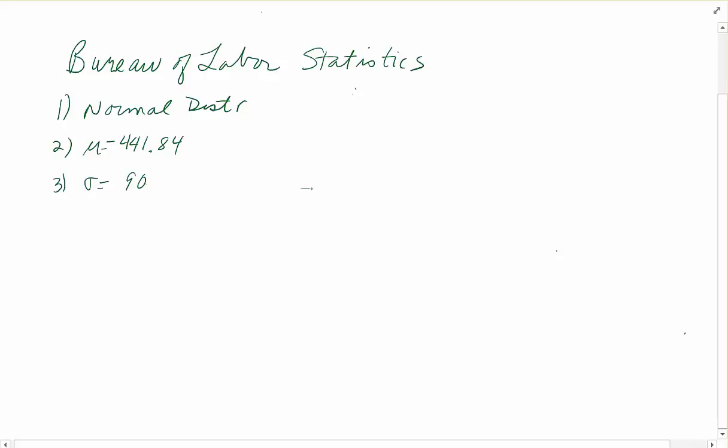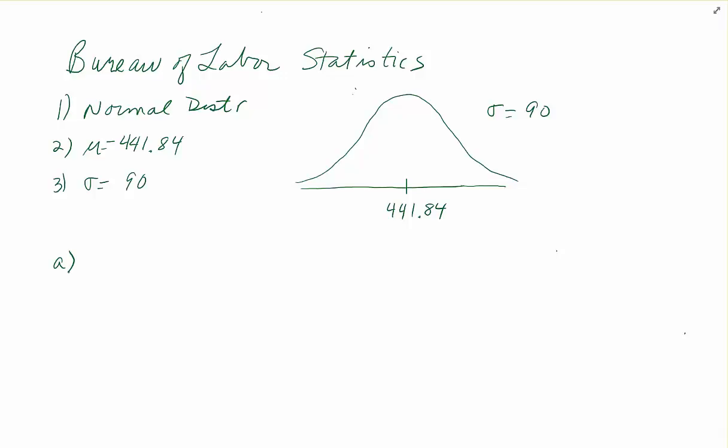So let me draw a little picture of this distribution just to help organize some of the numbers here. We have a mean centered at 441.84, a standard deviation of 90, and a probability question. What is the probability that a worker earns between $400 and $500?